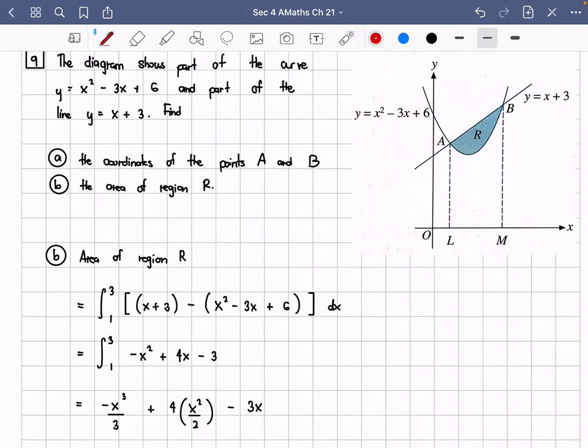But please take note, always start with the one on the upper side of the region. So this will be your upper curve or upper line, and then minus the lower curve.